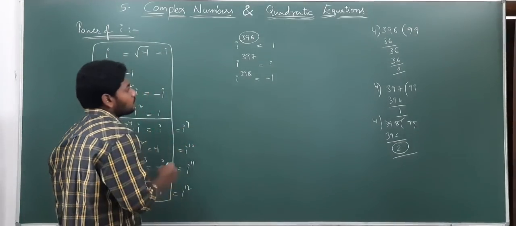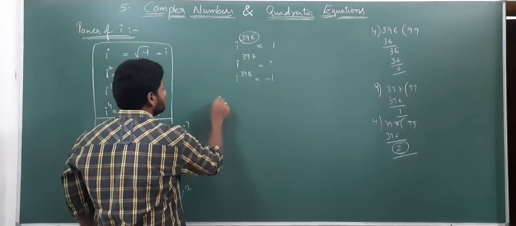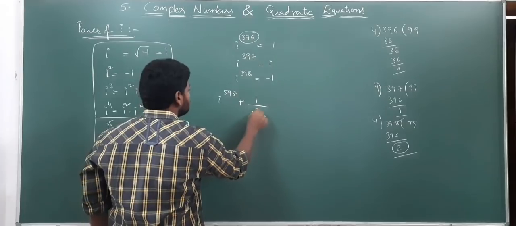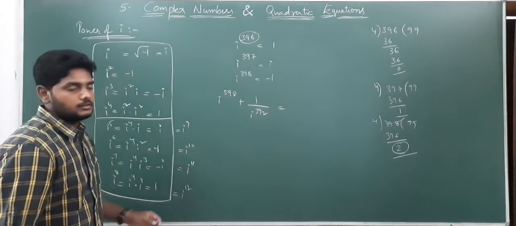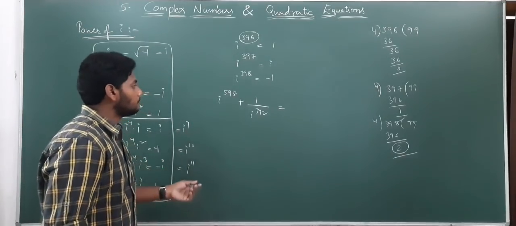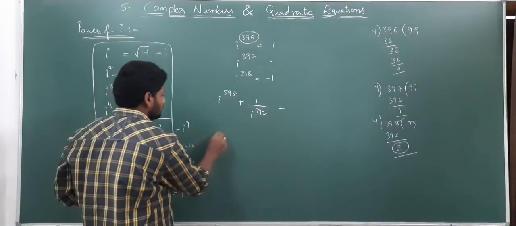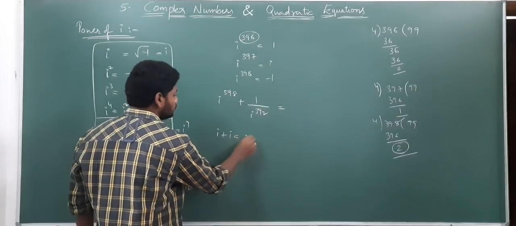Okay, I will give a question that you find. For example, I to the power of 598 plus 1 by I to the power of 392, simplify. See, another thing I need to tell. For example, I plus I value is equal to 2i.